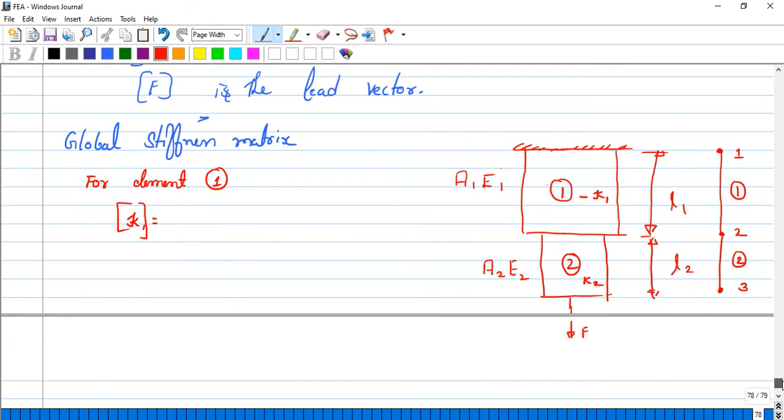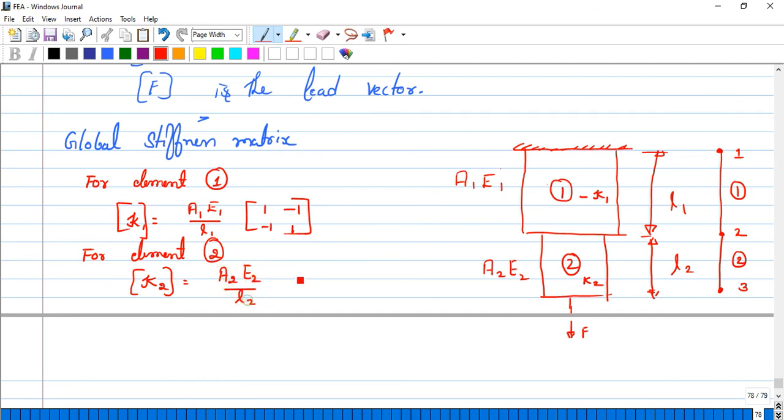For element 1 it is A1 E1 by L1 multiplied by [1 -1; -1 1]. And for element 2, the stiffness matrix will be represented by K2, that is equal to A2 E2 by L2 multiplied by [1 -1; -1 1].